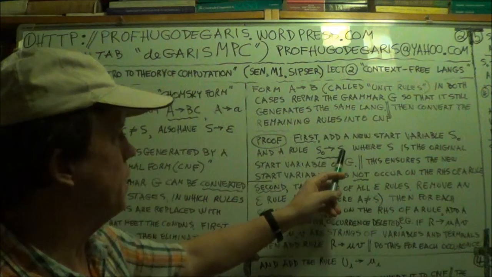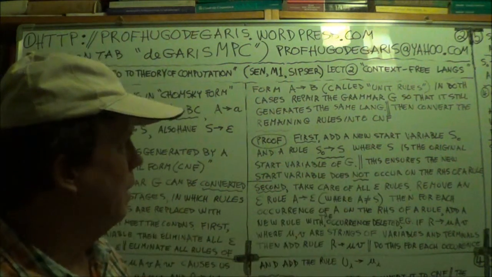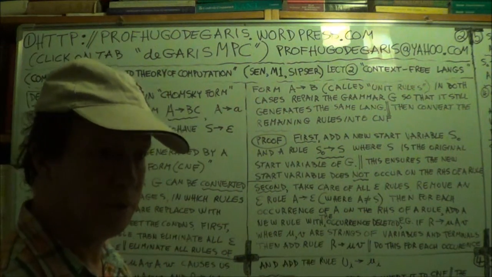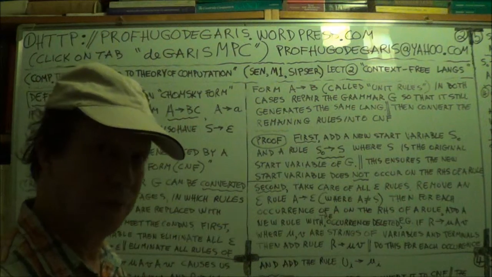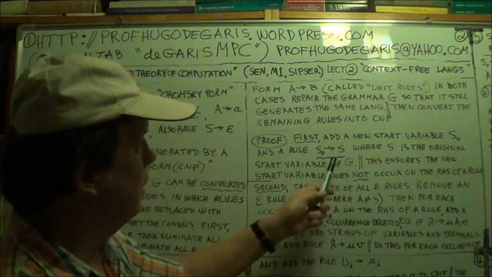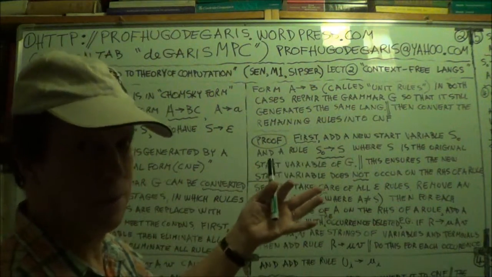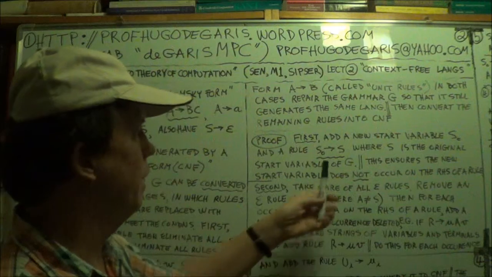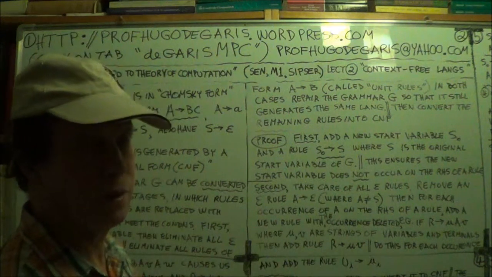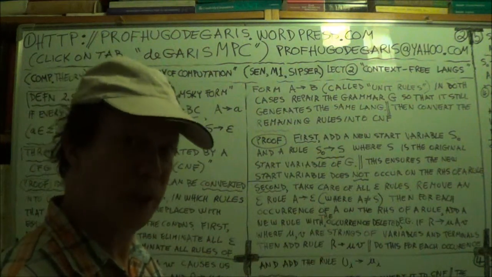Now a couple of comments here. What is S here? That's the start variable of the old grammar that you started with. So S0 is the start variable of your new grammar that you're constructing, that will be in Chomsky normal form.